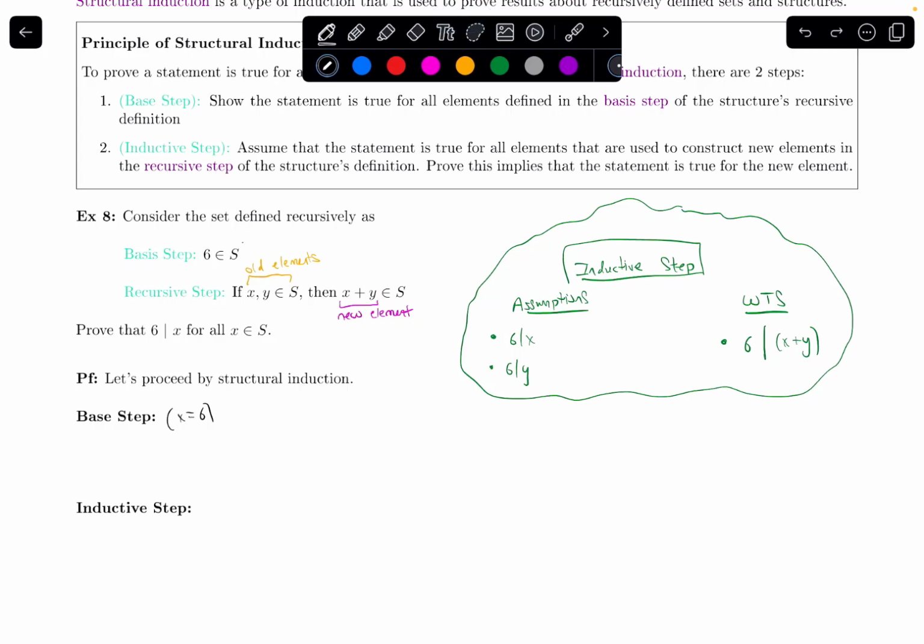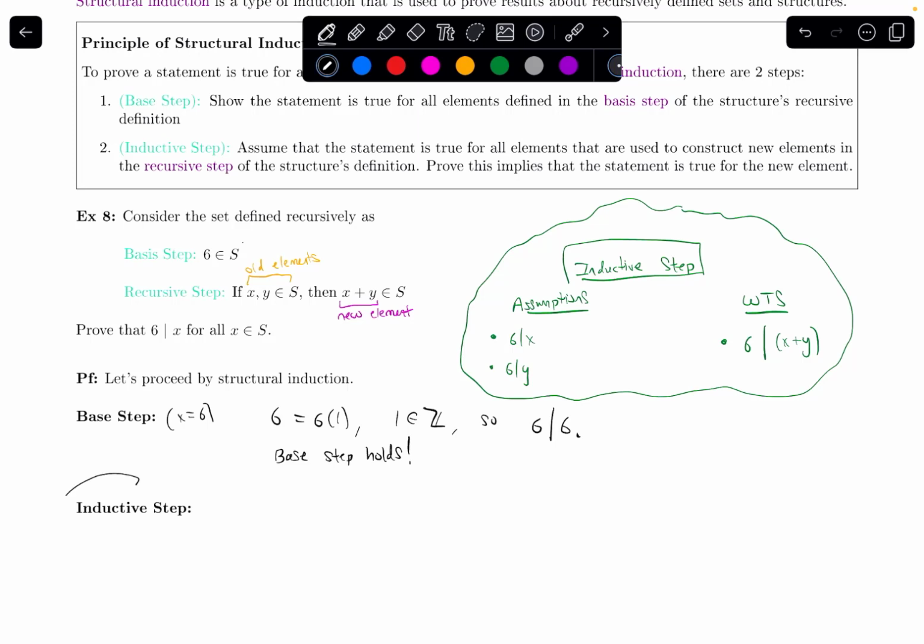Yes, because 6 is equal to 6 times 1, where 1 is an integer. The fact that 6 is an integer multiple of 6 is the definition of what it means for 6 to divide 6. So the base step holds. Cool, we are done with that.